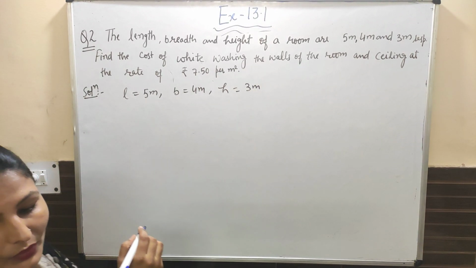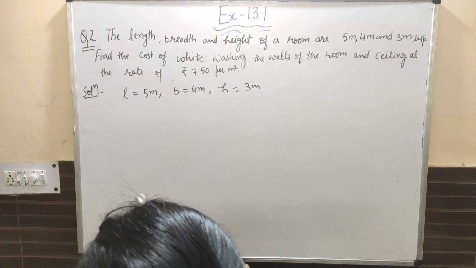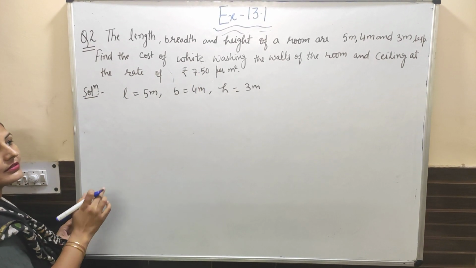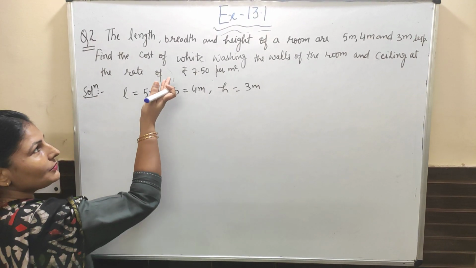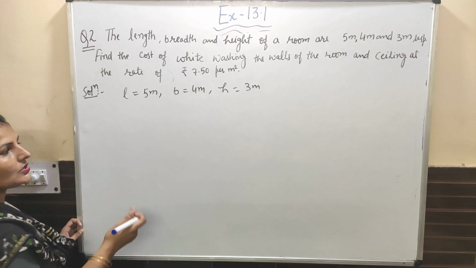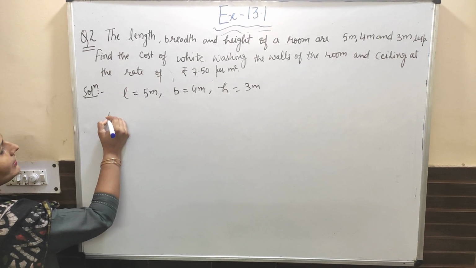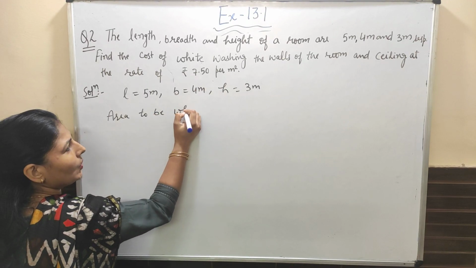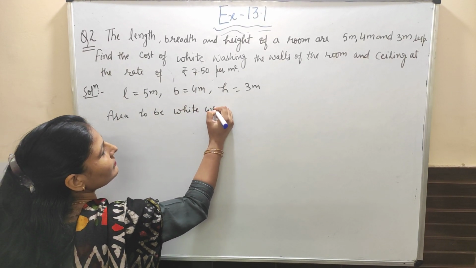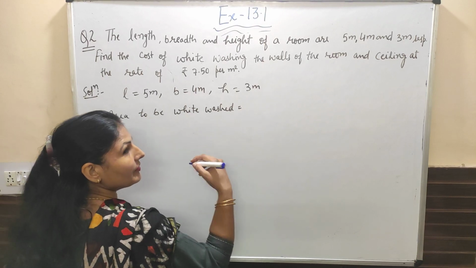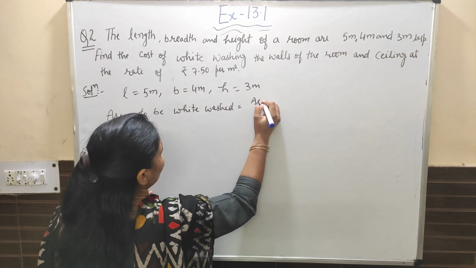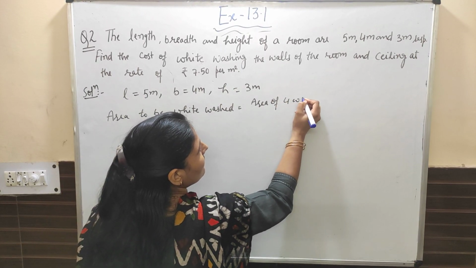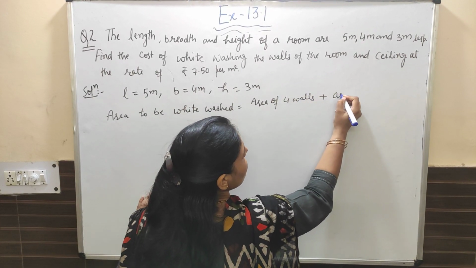Now what we have to do? We have to find area to be whitewashed. First we have to find area, after that we can calculate the cost. So first we will calculate area. Area to be whitewashed is equal to area of 4 walls plus area of ceiling.